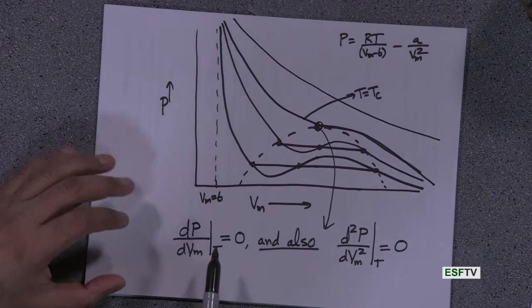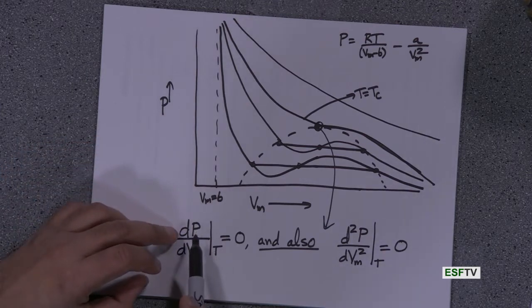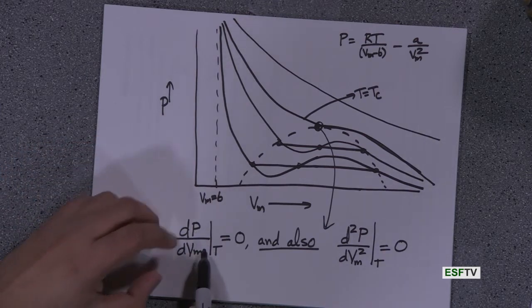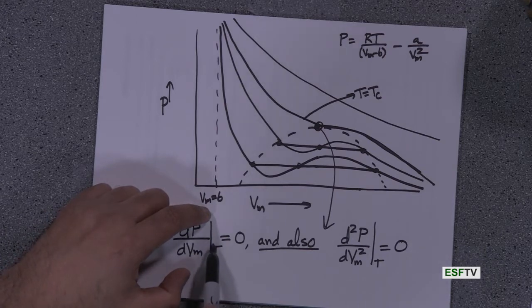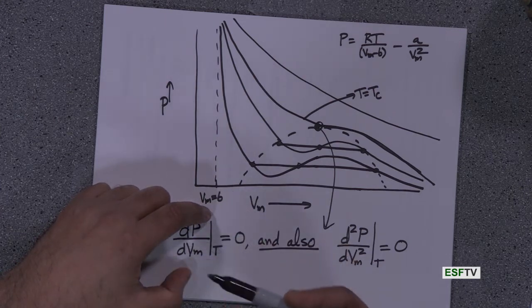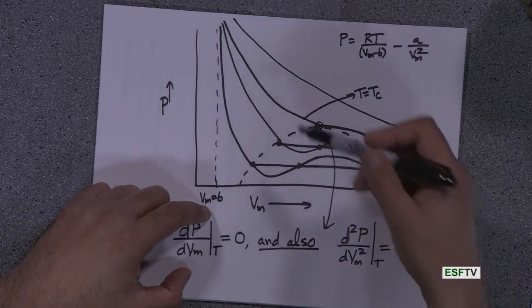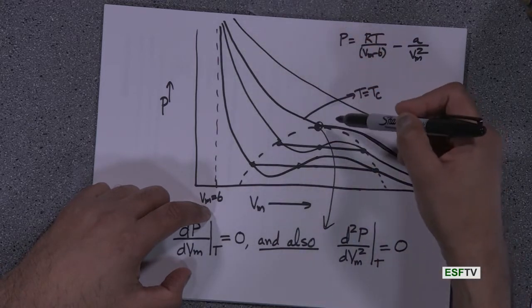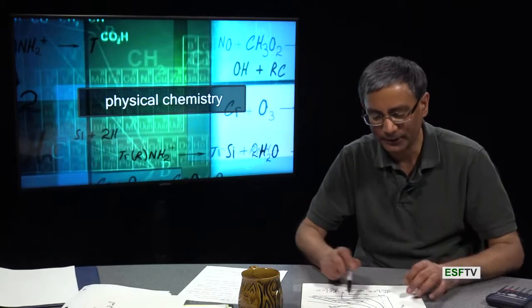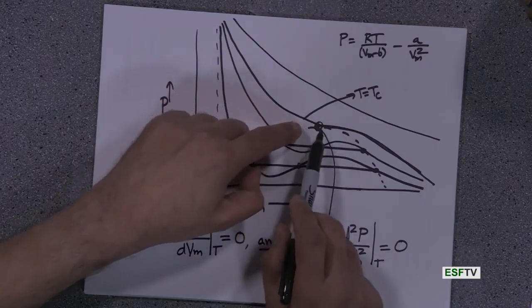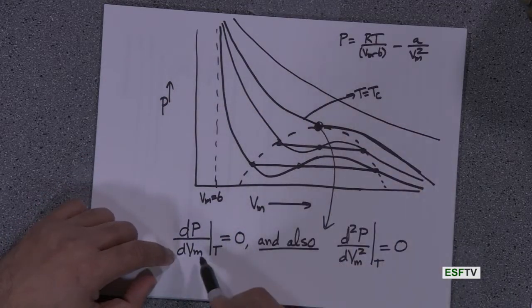All that this says is we are taking the derivative of the pressure on the molar volume, holding the temperature fixed. Mathematics is just a language, a means of communication. That says we are differentiating treating temperature as a constant. And why do we keep temperature constant? Each of these lines is an isotherm, fixed temperature. So on each of these lines the temperature is fixed, and at this point the slope is 0.